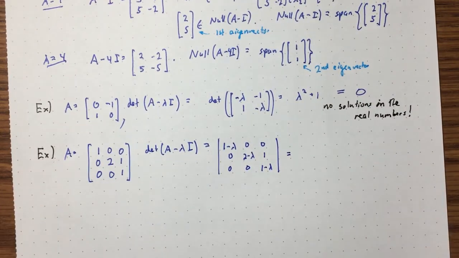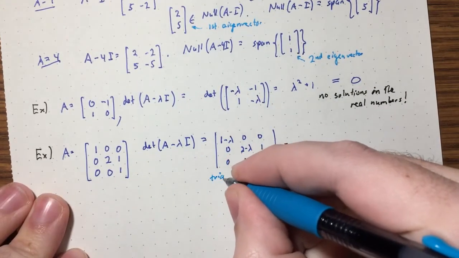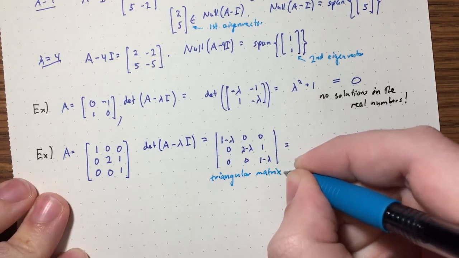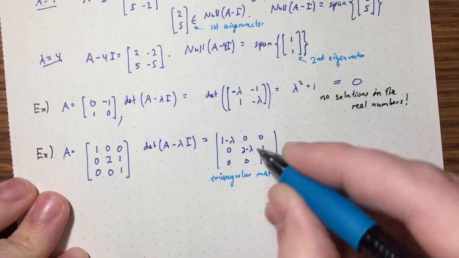Well, what is this determinant? Remember, the determinant of a 3x3 is tough to calculate in general. But not this 3x3. That's because this is a triangular matrix. It's almost a diagonal matrix even, except for that minus 1.